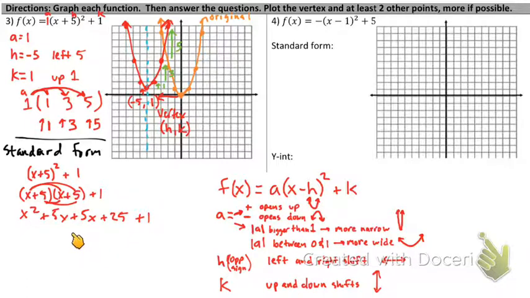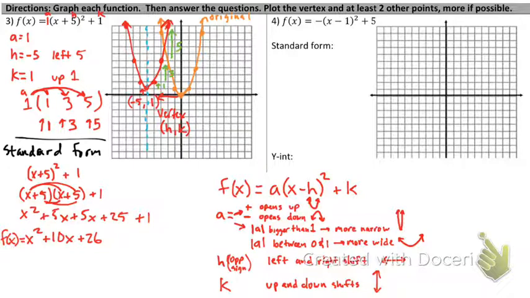And now we combine like terms. So we have 5x plus 5x. These are like terms, so we have x squared plus 10x. All right, and then 25 plus 1, they're both constants, that's plus 26. And that is our standard form.